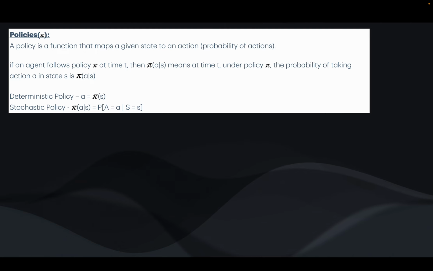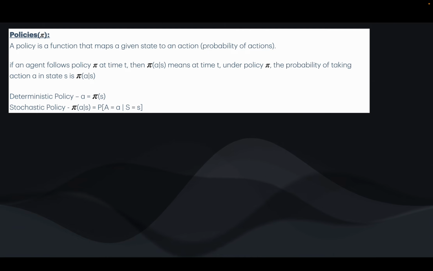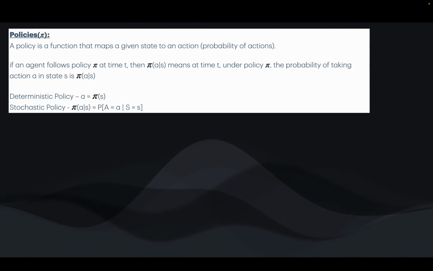A policy is a function that maps a given state to an action. That action can be deterministic, so you always get to perform the action you desired. But if there are uncertainties in the environment, we bring in the probability of actions. For example, take an agent moving in a maze.